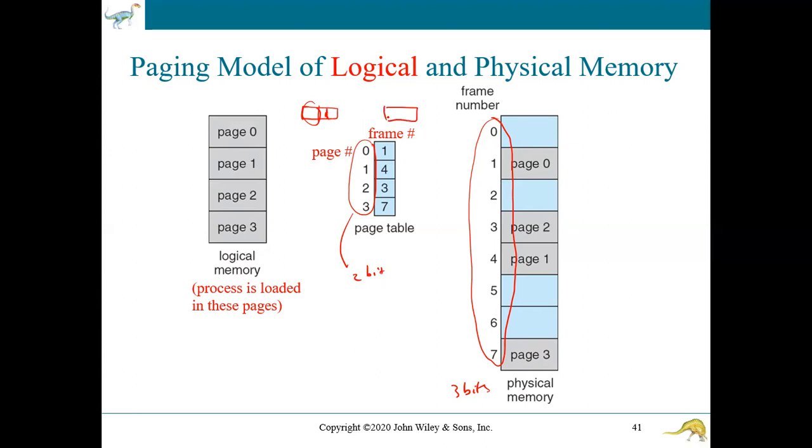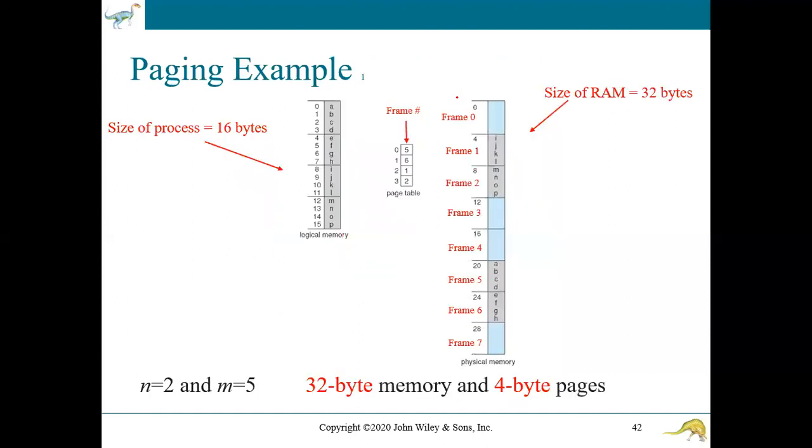When you translate that, you take these 2 bits and you actually put 3 bits. So you're allocating a bigger space here. The physical address is bigger than the logical address, always at least equal, greater than or equal.